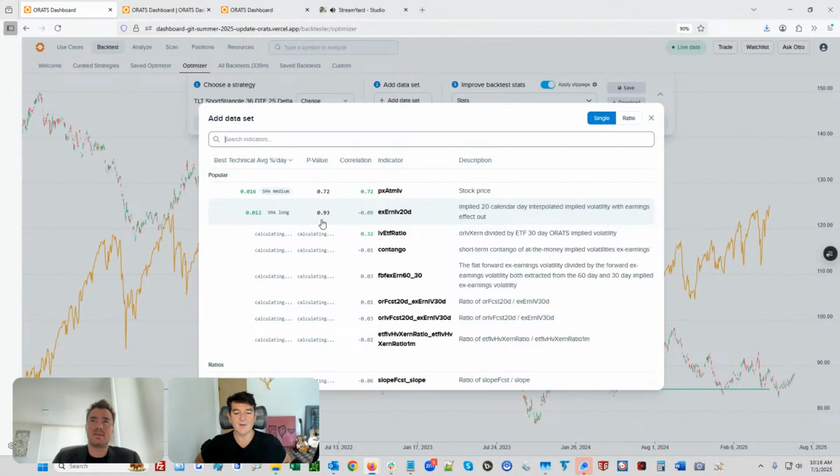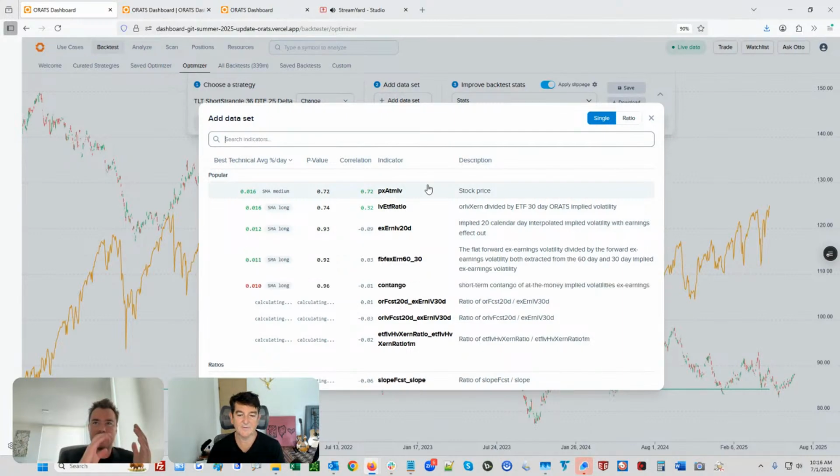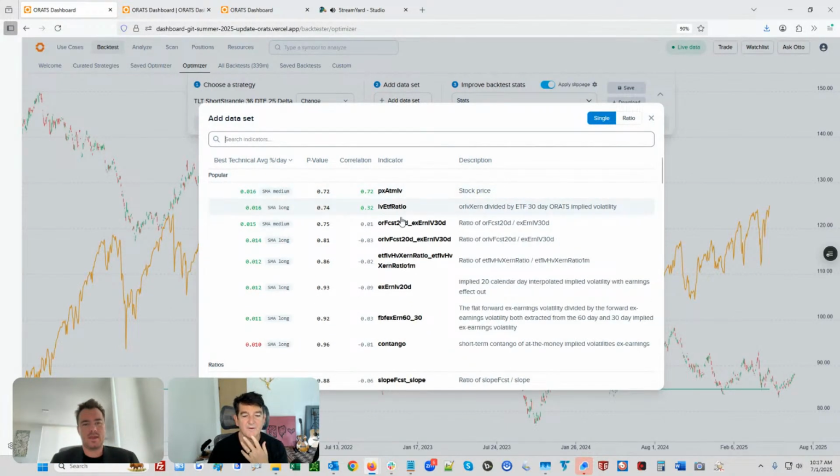Yeah, so we're testing the short, medium, and long-term simple moving average in both directions. So comparing the 10-day to the 20-day, less than or greater than, the 20-day to the 50-day, less than or greater than. And we're comparing the technical indicators on the ORATS indicators.